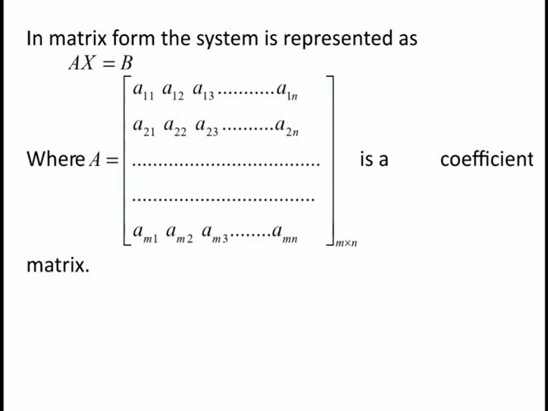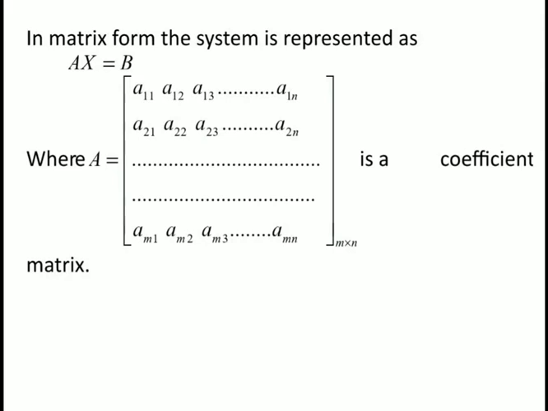The above system of equations can be written in matrix form as Ax equals b, where A is the coefficient matrix of this system of equations. That is, the coefficients of unknowns x1, x2 etc. up to xn in the first equation are a11, a12, a13 etc. up to a1n.